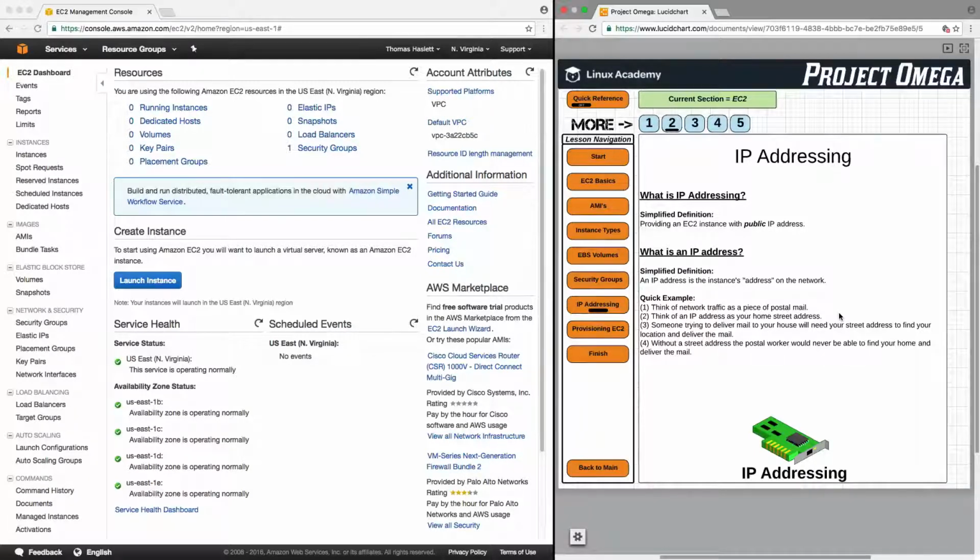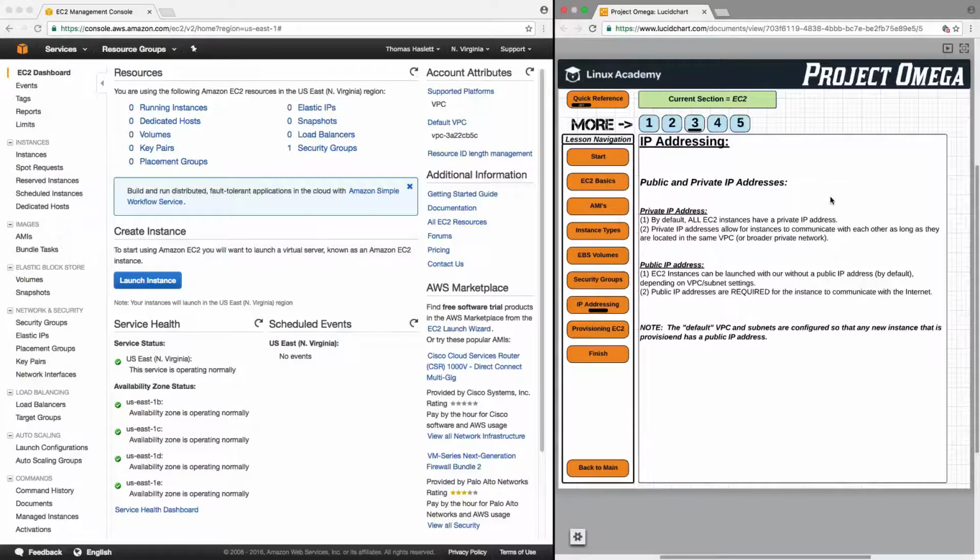Someone trying to deliver mail to your house will need your street address to find your location and deliver the mail. Without a street address, in this case the IP address, the postal worker would never be able to find your home and deliver the mail. So whenever you think about an IP address, just think about it as your home address. It is the way that people can find you, or in this case, find your instance.